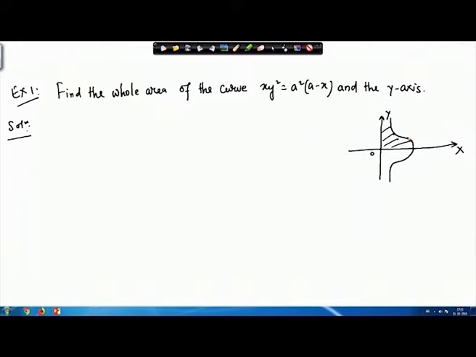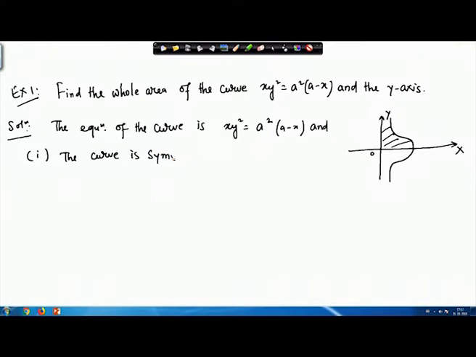So that will give us the area between this curve and the y axis. There are certain properties we can write. The equation of the curve is x y square equals a square times (a minus x), and the first property is the curve is symmetric about the x axis, and it contains even power of y.